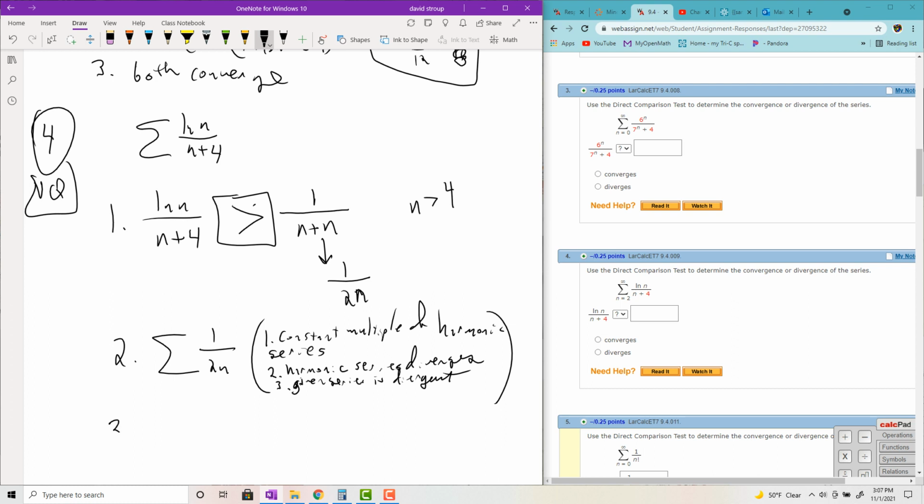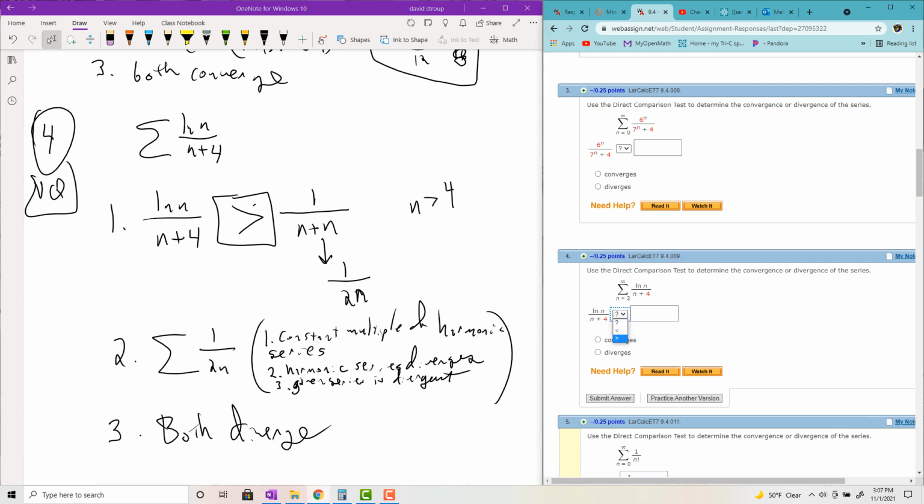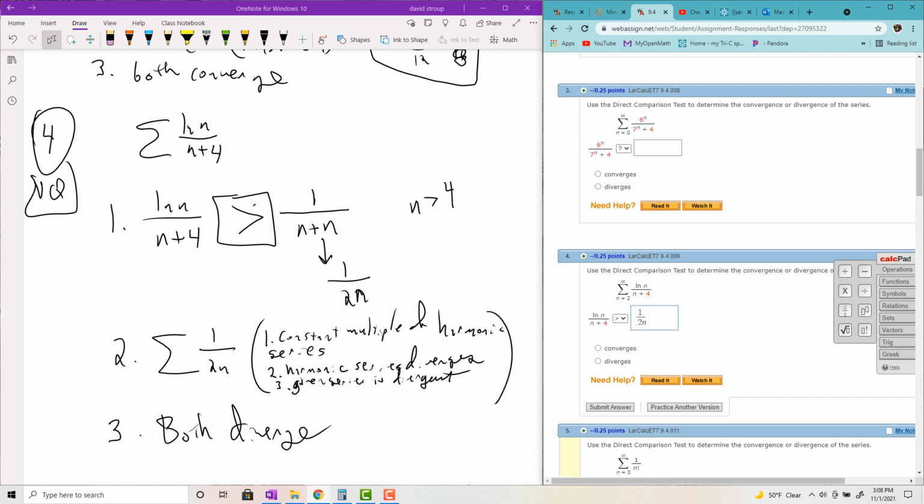Okay, so you have the series with the smaller terms diverging. That forces the series with the bigger terms from the first step, the inequality, to diverge. So both diverge, and that should do it, right? So ln of n all over n plus 4 will be greater than 1 all over 2n, and then they will both diverge.